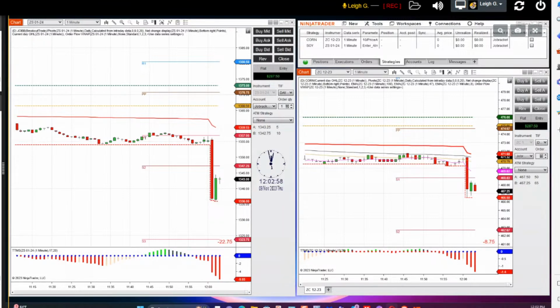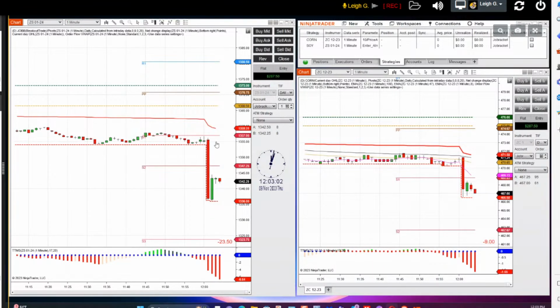The move, if you look, we'll look at the video to calculate the exact size of the move. But I'm just seeing 55 down to 36. Let's say 35. Let's say 20 points. It's about an 80 tick move. It looks like about an 80 tick move on soybeans.